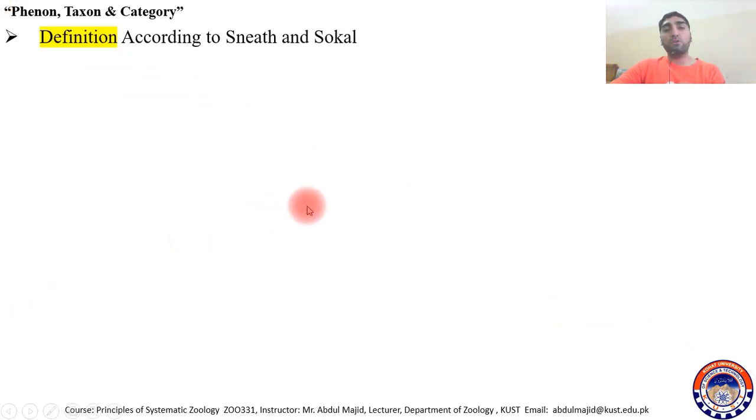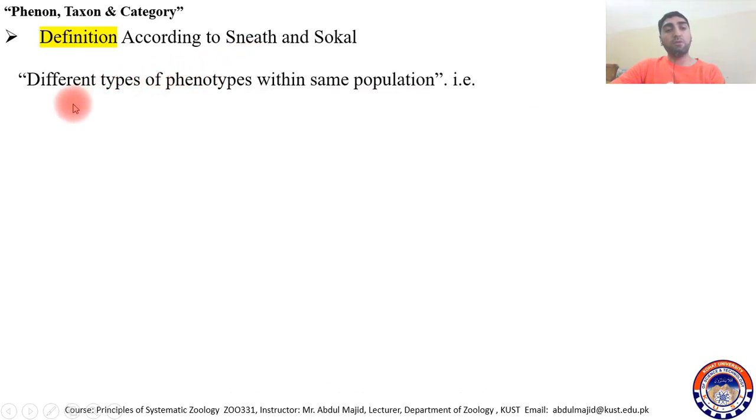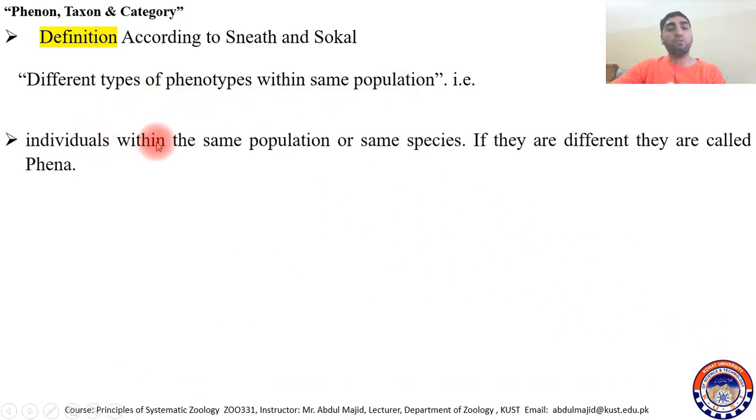Then the definition of phenon according to Sneath and Sokal. According to Sneath and Sokal, different types of phenotypes within the same population or same species, if they are different, they are called phena.